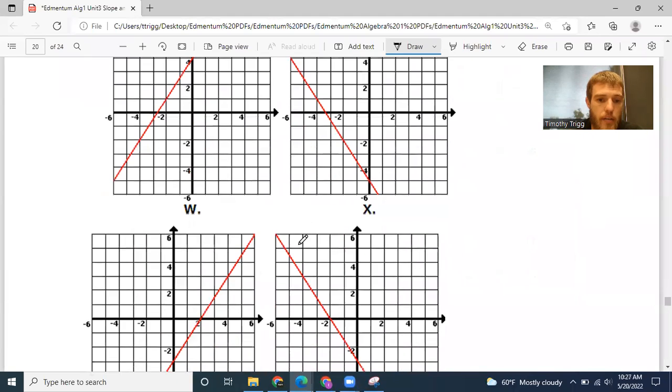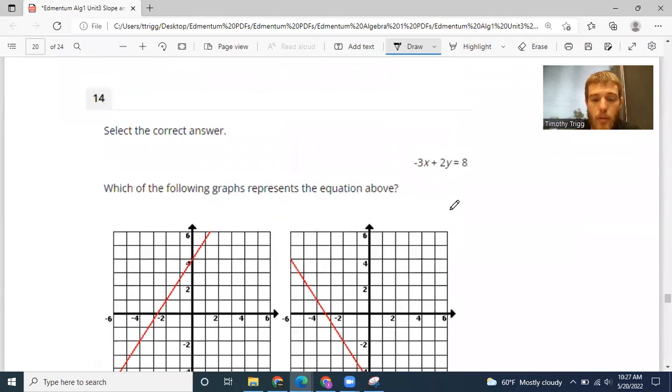Which of the following is a graph for this? Okay, once again, I can get it into the slope intercept form, y equals mx plus b. The way I do that is I want to solve for y. So the first thing I'm going to do is add 3x to both sides of the equation. This will help me get y by itself, giving us 2y equals 3x plus 8.